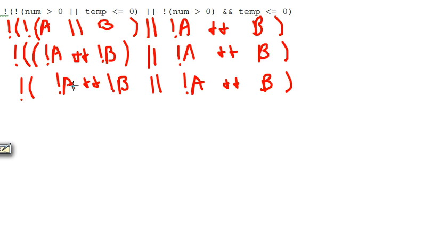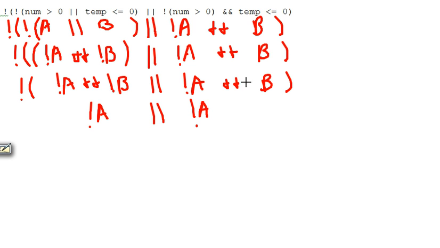So I think all of this in here hinges on not a. It doesn't matter what b is. We can simplify this inner parentheses area as simply this.